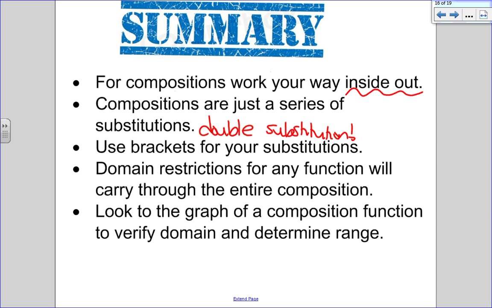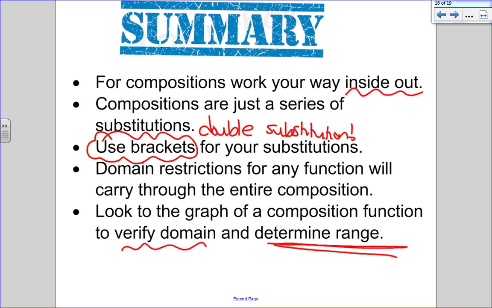Because they are double substitution, I want you to use brackets, especially if there's any negatives or subtracting. Any domain restrictions you have for one function carry throughout the entire function. Because the compositions are a little bit more complicated, I really advise you to look at the graph. So look at the graph to verify any domain and to determine the range. We always do range on the graphing calculator.